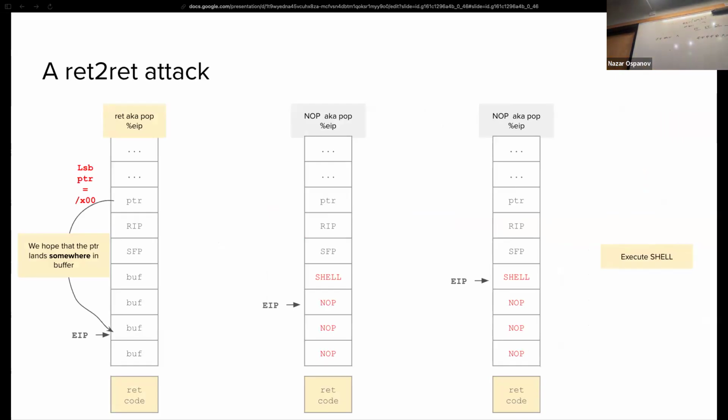This is where we have the no-op instructions: let's say we have this ret instruction and we can get the EIP kind of close. We can use these no-op instructions to move the instruction pointer up until we have our shell. And importantly, is this an address, or these instruction bytes?